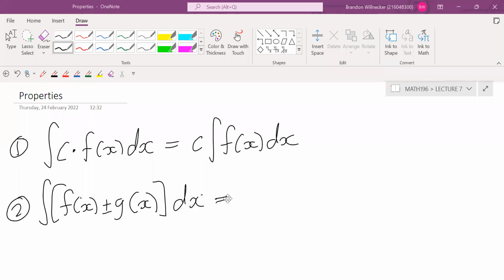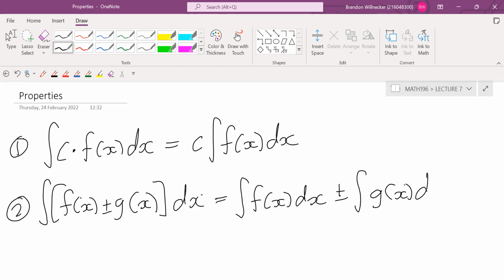So we can do the same thing here. The integral of f plus g is equal to the integral of f, and then we can have plus or minus the integral of g. So this means that we can find the antiderivative of individual terms if we add them or subtract them.